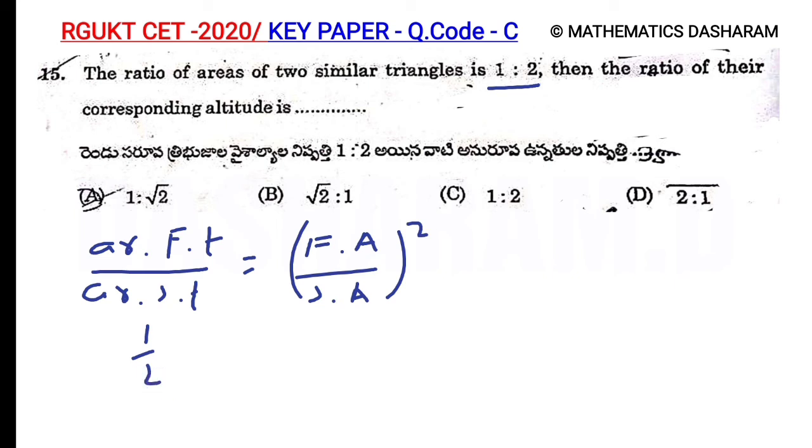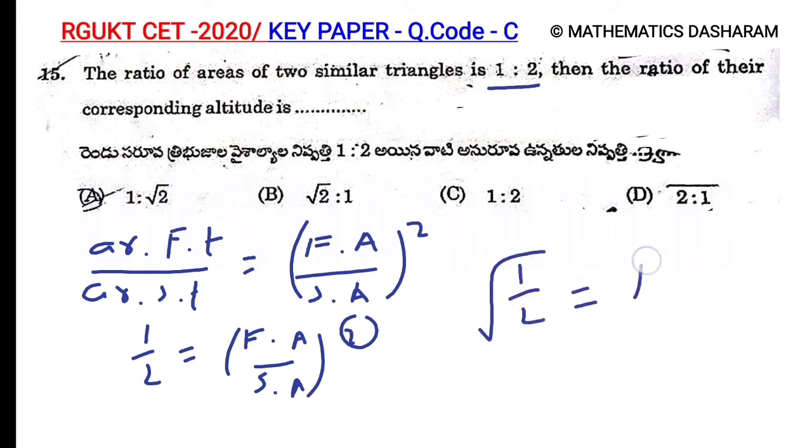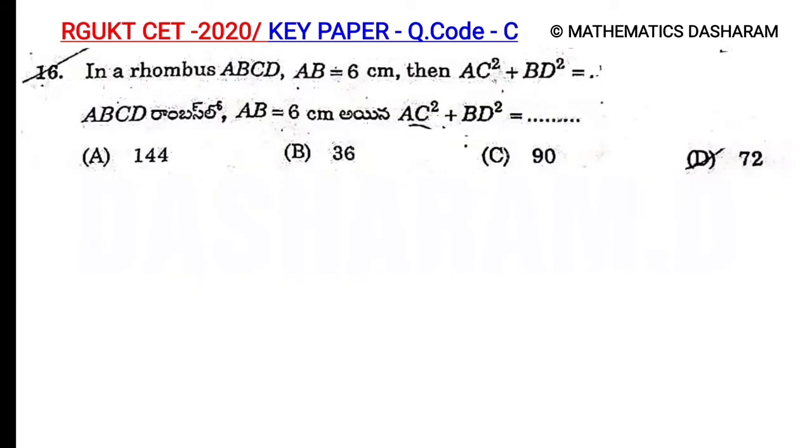So that means 1/2 is equal to first triangle altitude divided by second triangle altitude whole square. But we require the ratio of their corresponding altitudes. So the square is transposed to the left side, then square root of 1/2. So it is equal to square root of 1 divided by square root of 2. So 1 by root 2. So that means 1:√2. Option A is correct.